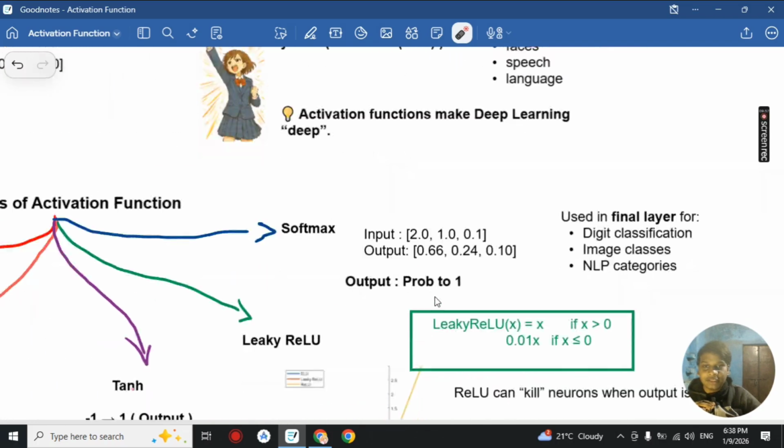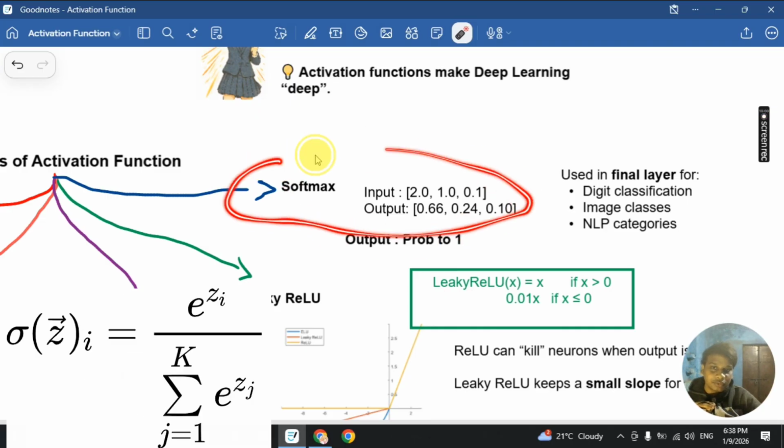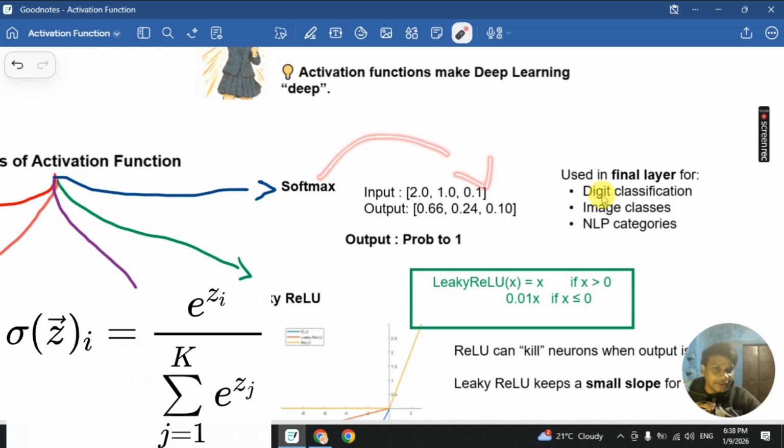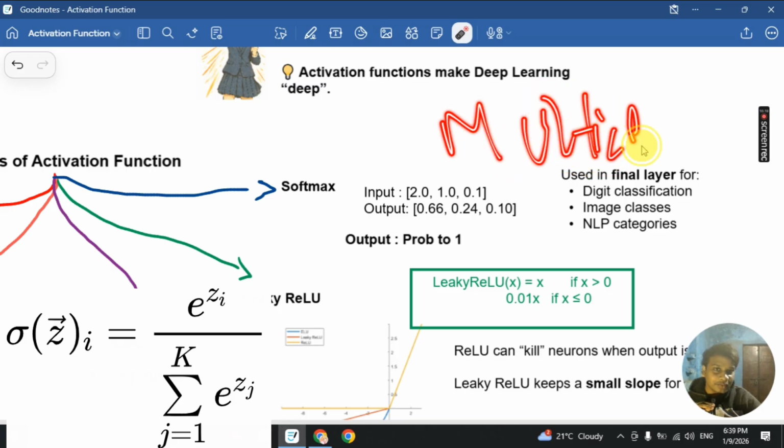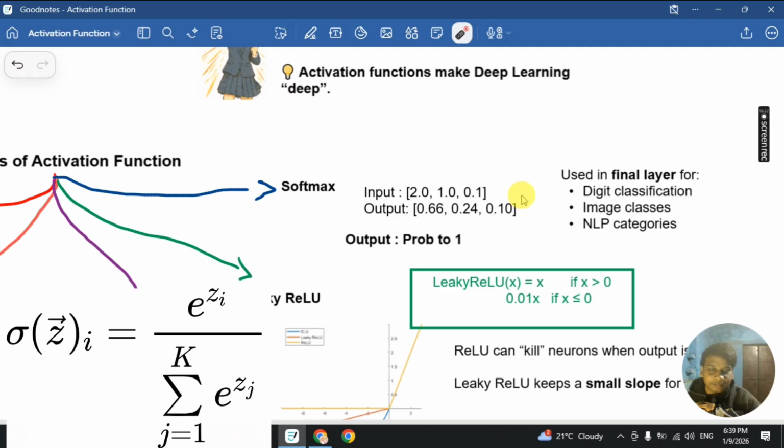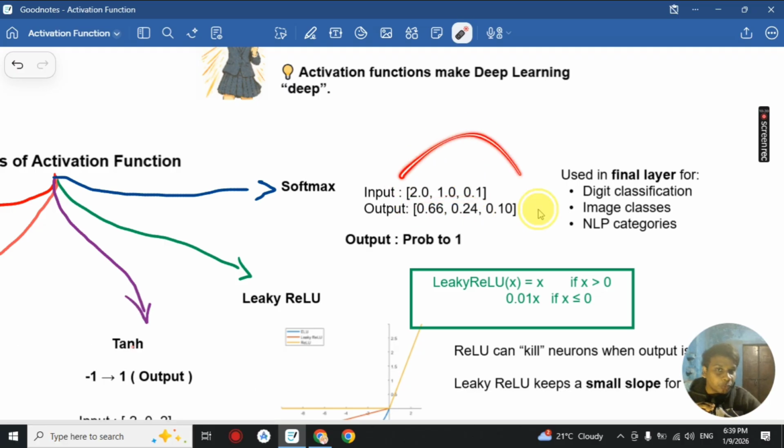This one is done. And finally, softmax. Softmax is basically used in digit classification, image classes, or NLP categories. It is generally useful during multi-class classification. We provide an input and it gives probabilities that sum to 1.